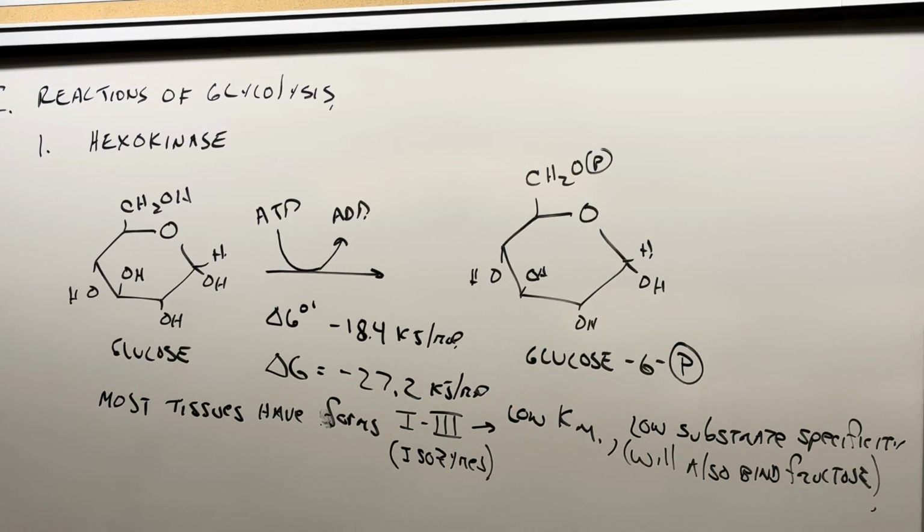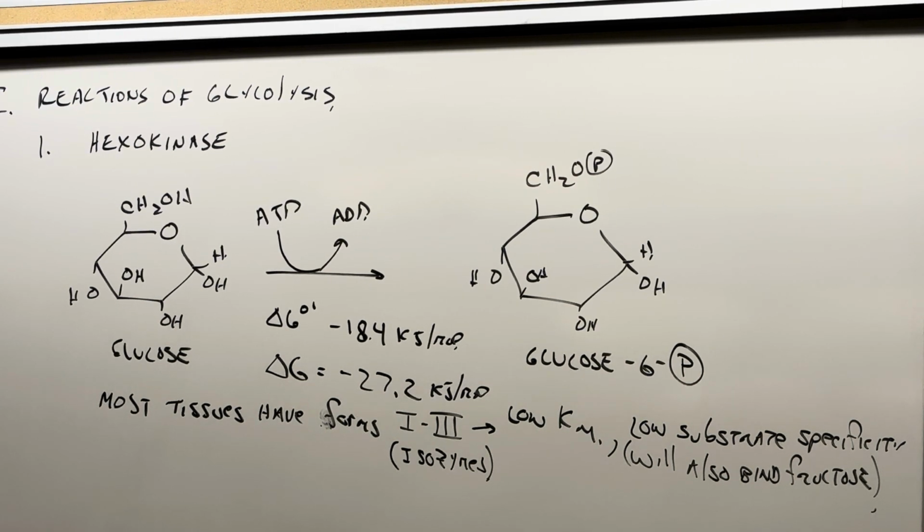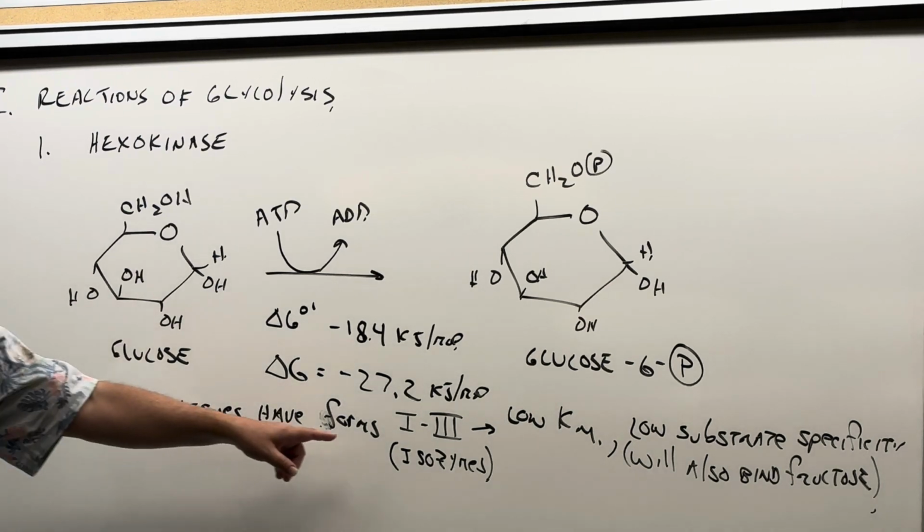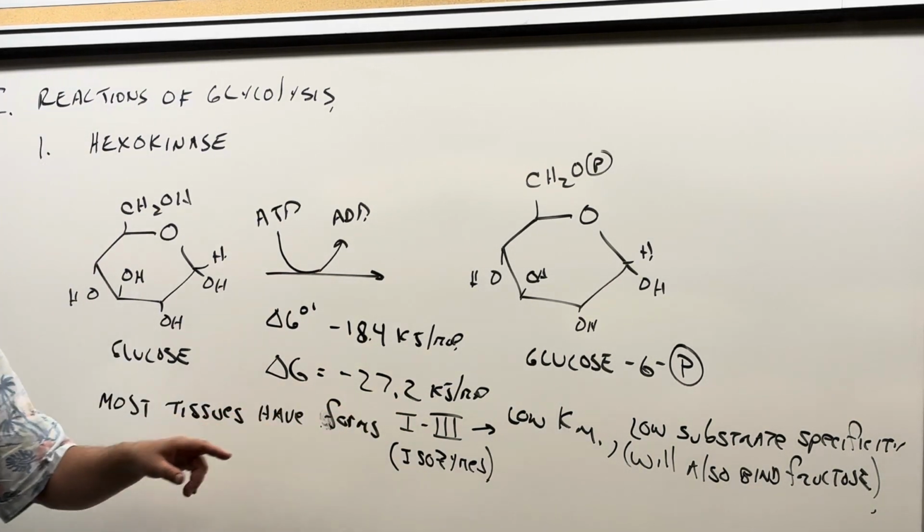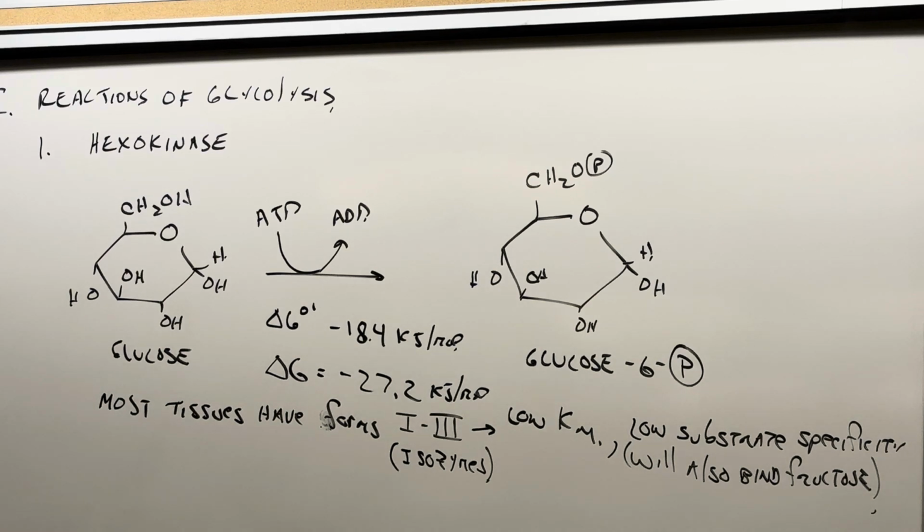Okay, so often these different isozymes will have different regulatory properties. I'm not familiar with the story, there's probably slightly different regulatory properties of forms 1, 2, and 3, and I don't know the story behind that.